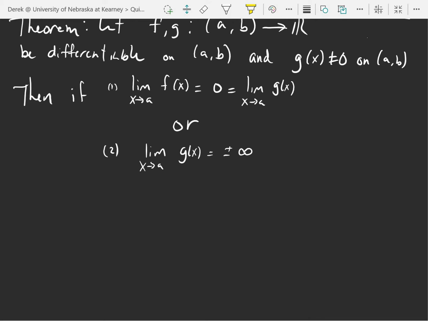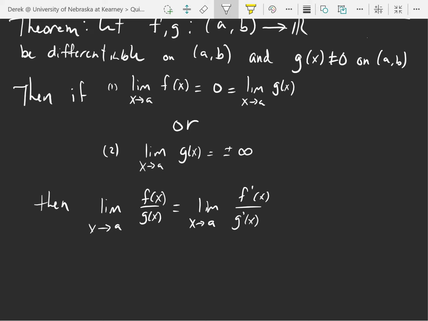So either g of x gets really, really big, or they both get close to 0. So if either of those happens, then the limit as x goes to a of the ratio of f over g is equal to the limit as x goes to a of the ratio of the derivatives, f prime over g prime of x, when it exists.